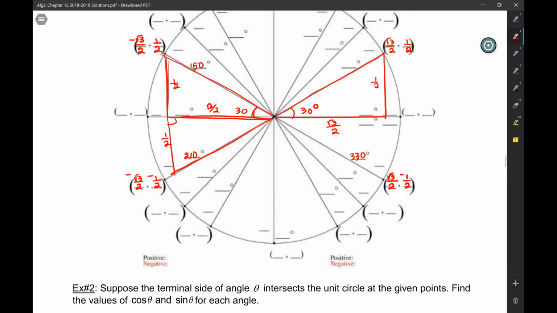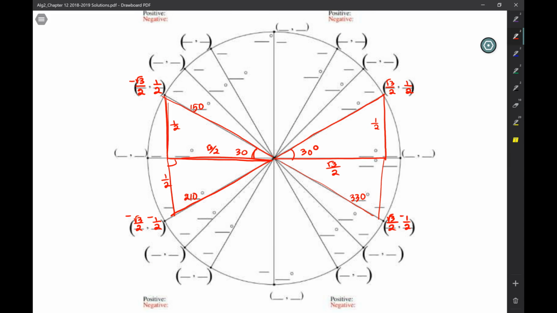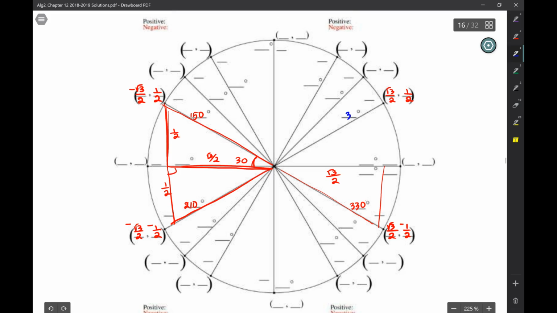Okay? So when I'm doing this, for myself, this is how I reason through them. Okay? So now, you know what? Let's do this one. I'm going to erase some of this clutter. Just this one. Because you go root 3 over 2 and then down 1/2.